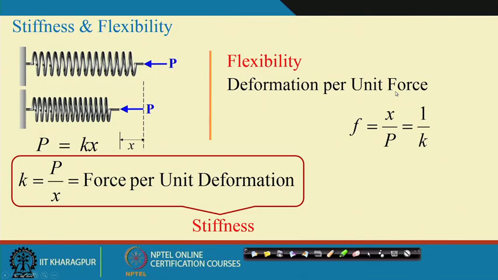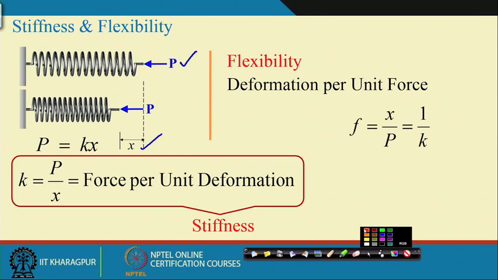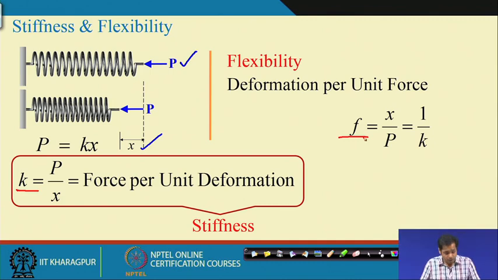For instance, in this case the force is this and the displacement is this. So, when we say k is the stiffness and F is the flexibility, it means that they relate P and x.